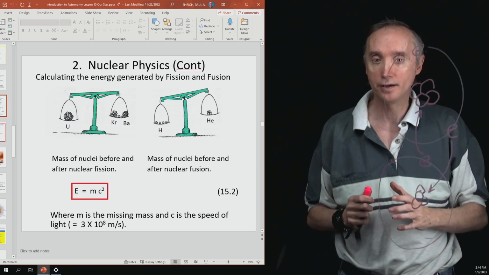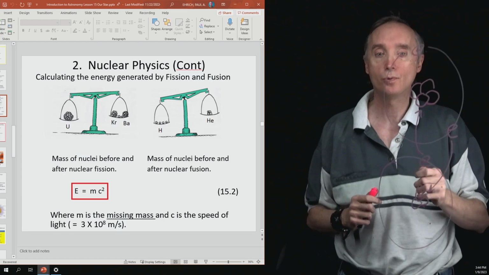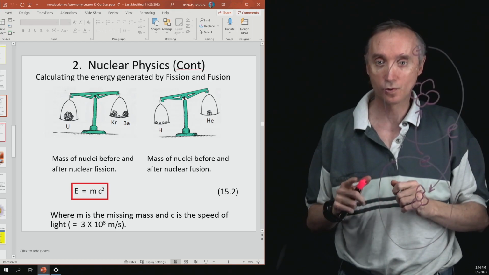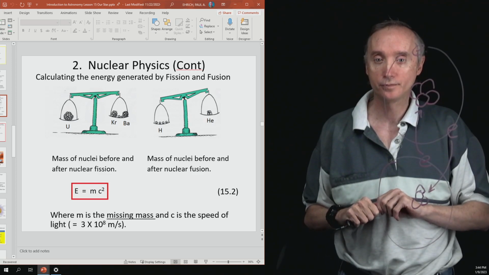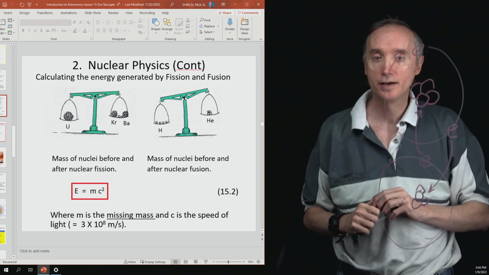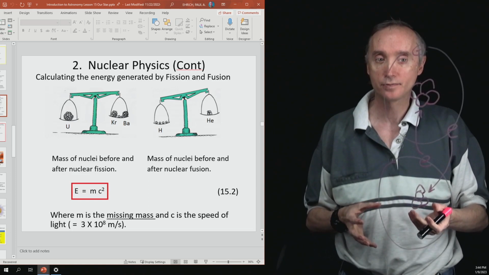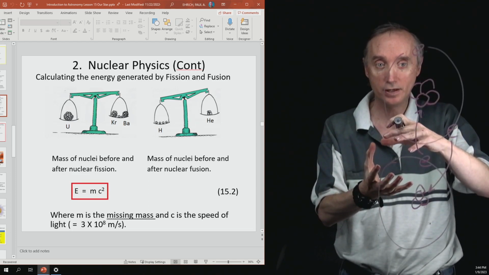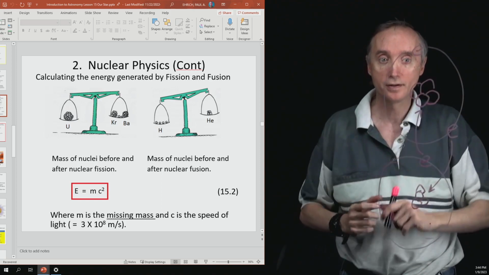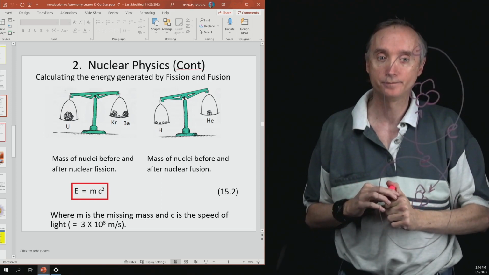So that's the speed of light, and we have to square it. So it's squared in that formula. So that's how we calculate the energy that's released. And so that missing mass is basically that binding energy that was being used to hold that nucleus together.